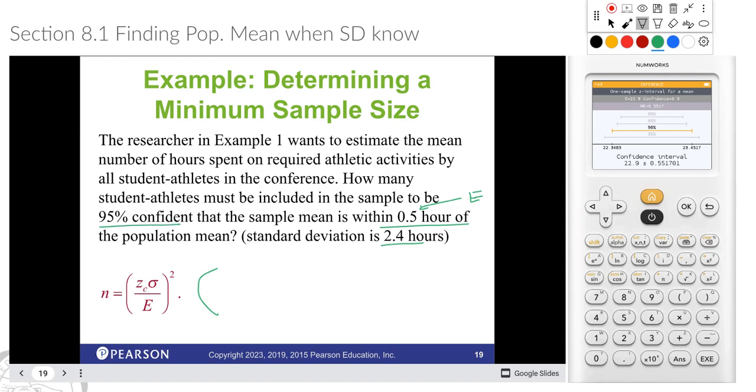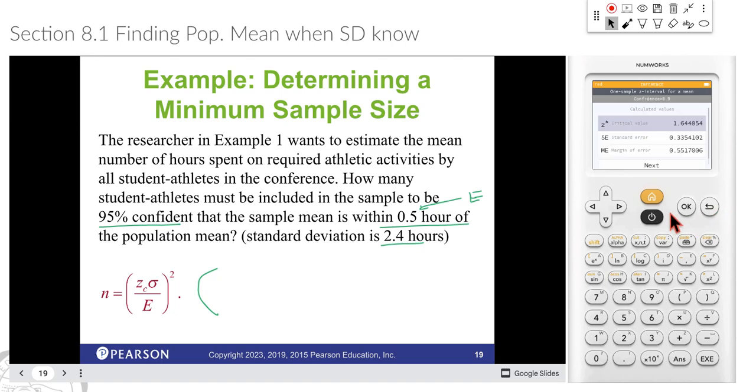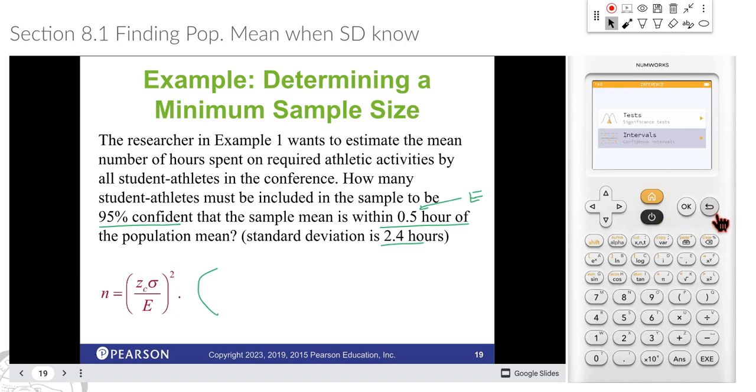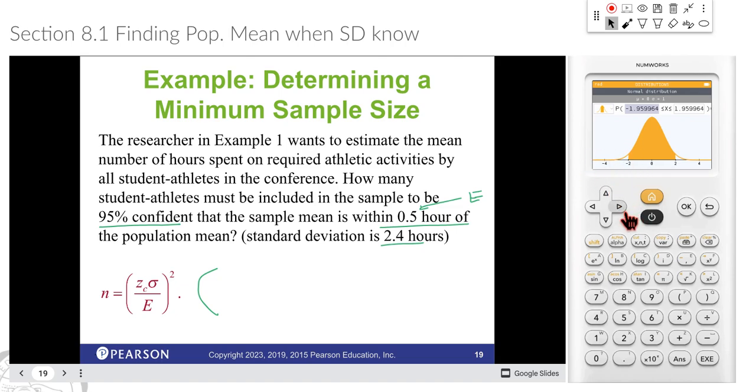If you don't remember it, which is okay, remember we can come back here, and you could just put it in here as 0.95. And then when you do that, the critical value is going to be 1.96 rounded up, right? Or if you are someplace else, remember we can also come back to distributions, and we can find it this way, 0.95.